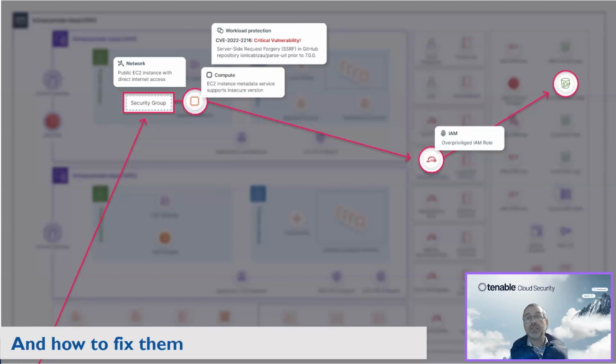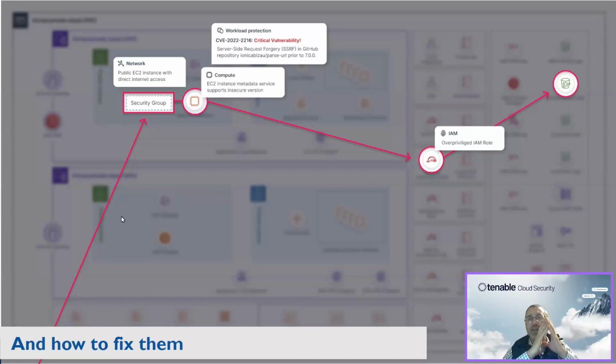Now, the toxic combination does not have to stop there, because if this machine also uses a sensitive privileged role or sensitive service account in the environment, the threat actor that compromised the machine could leverage the access to that service account in order to compromise sensitive data stores in your environment and exfiltrate that data to the internet, back to the threat actor.